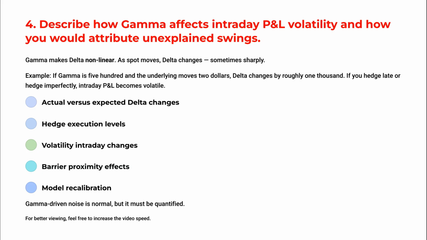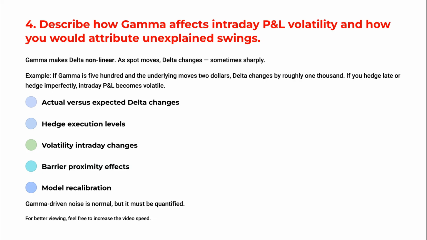Describe how gamma affects intraday P&L volatility and how you would attribute unexplained swings. Gamma makes delta nonlinear. As spot moves, delta changes, sometimes sharply. Example, if gamma is 500 and the underlying moves $2, delta changes by roughly 1,000.